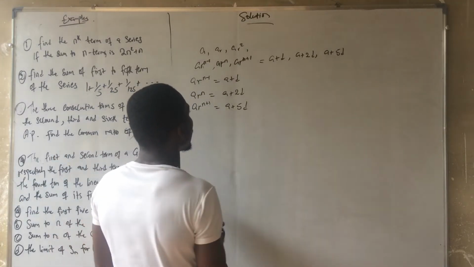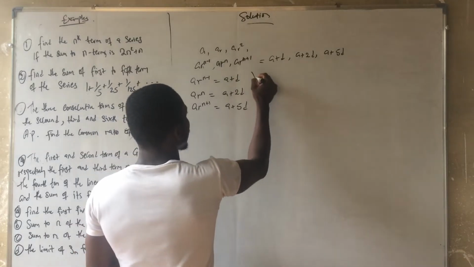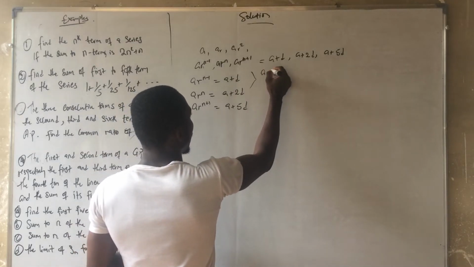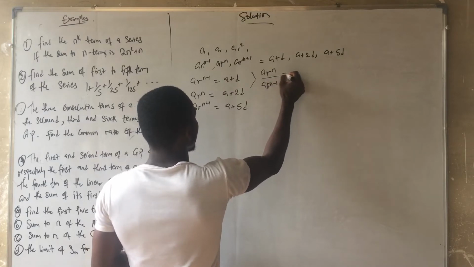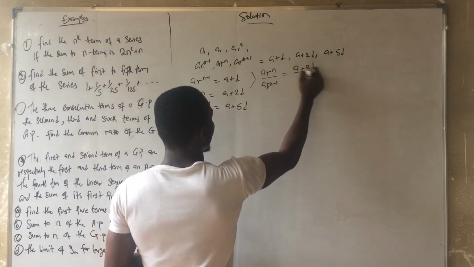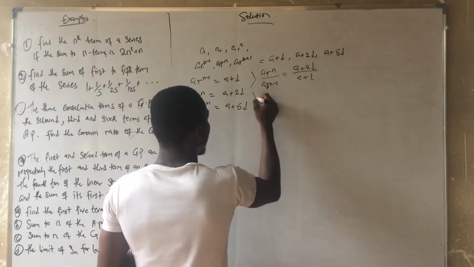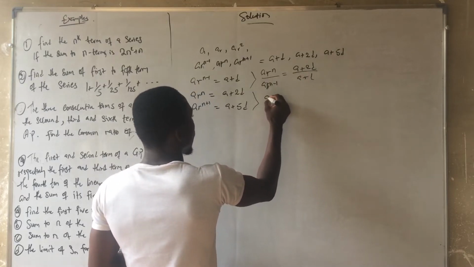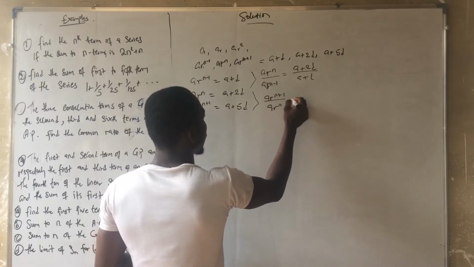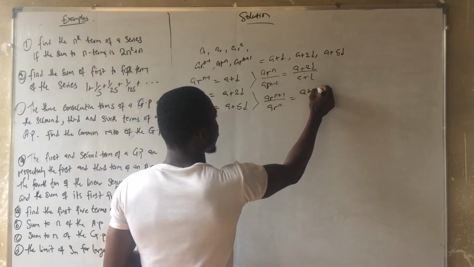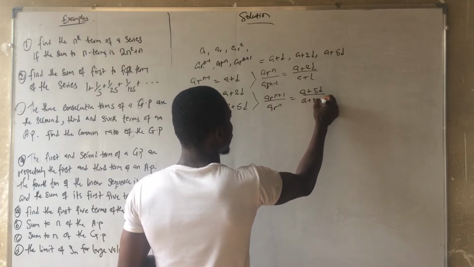So taking the first two, we say ar^n over ar^(n-1) is equal to (a + 2d) over (a + d). Taking the next two, ar^(n+1) over ar^n is equal to (a + 5d) over (a + 2d).